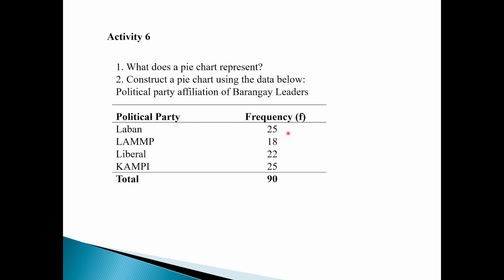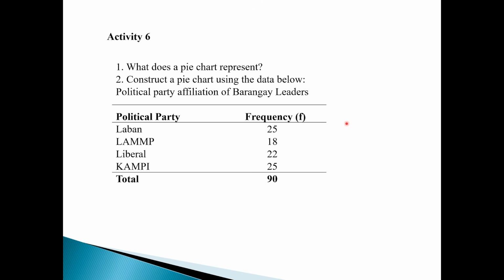It's essentially a graphical way to represent your frequency distribution table. It represents the frequency for each category. So construct a pie chart using this data. Again, we have your data for nominal data. We have your categories, your political party, and frequency.